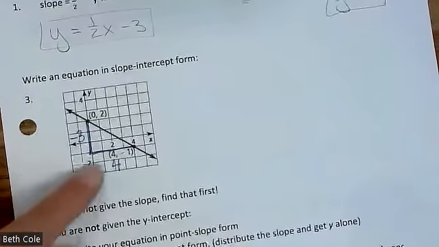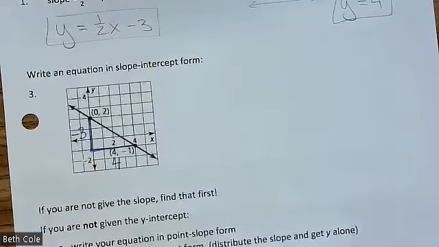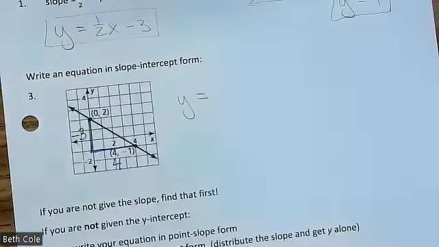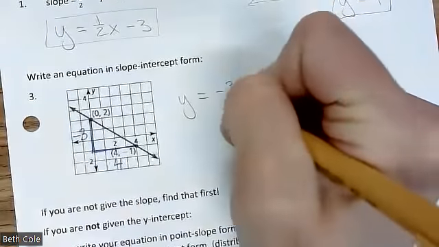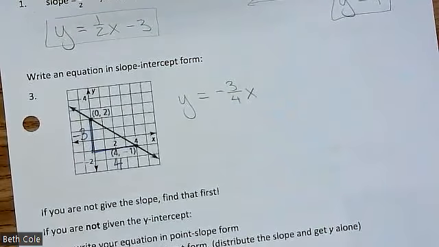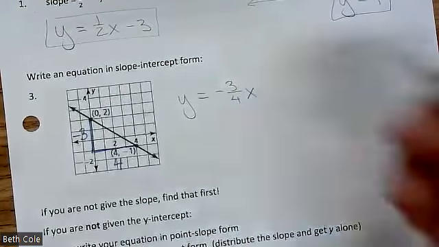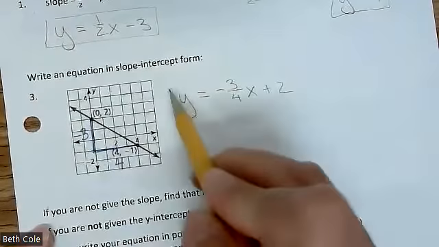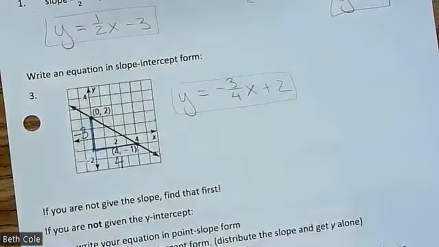So your slope is negative 3 over 4. So when you put that into your equation, it'll be y equals negative 3 over 4x. And then what's the y-intercept? You need the slope and the y-intercept. 2, so plus 2. So that one is the same question. We're just looking at it visually instead.